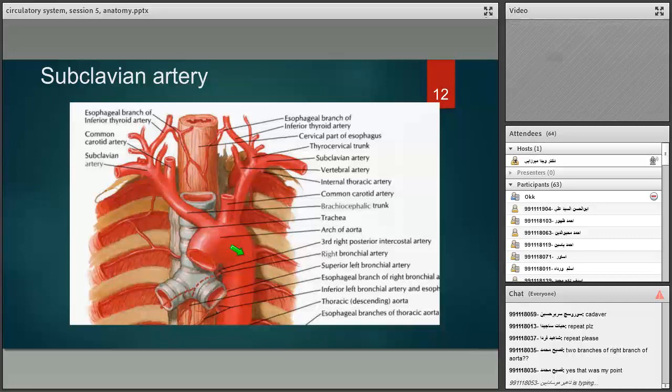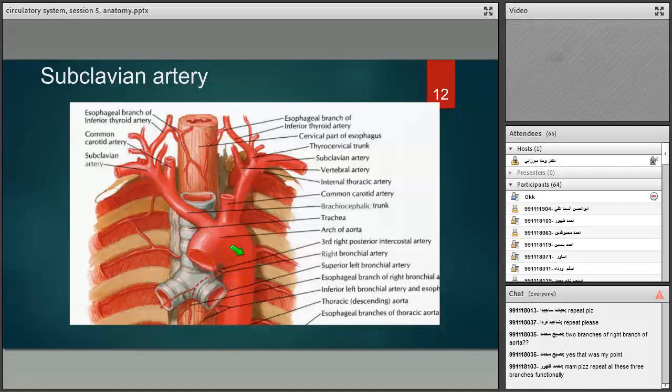Okay, very good. So, I am talking about the subclavian artery. Just listen, please. I said the subclavian artery is supplying the blood mainly for the upper limb, but it is also sending some branches for other parts, like the chest and the neck.